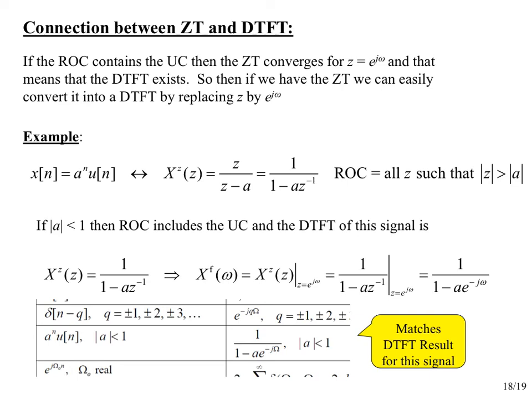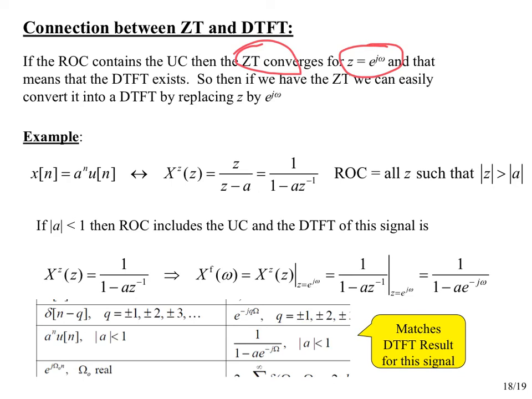So let's finish this up, just connecting this back. We've alluded to connecting this back to the DTFT a couple times. And now that we have the region of convergence ideas, remember, the connection between the Z transform and the DTFT is the following. If we look at the Z transform and we replace Z by e to the j omega, we get the DTFT.